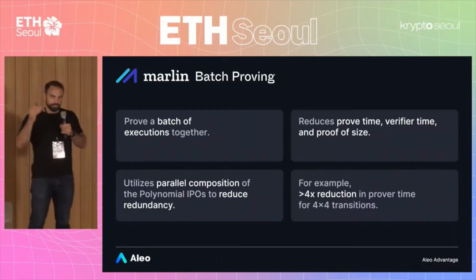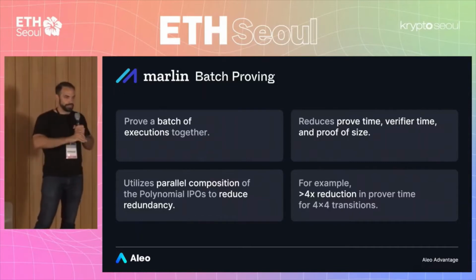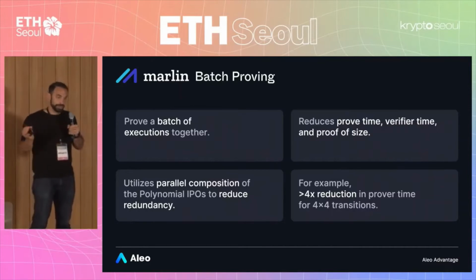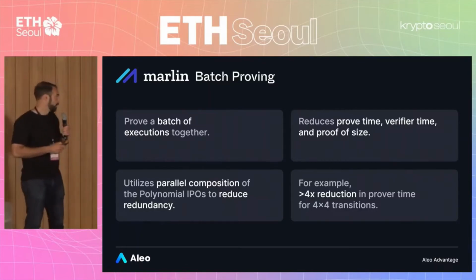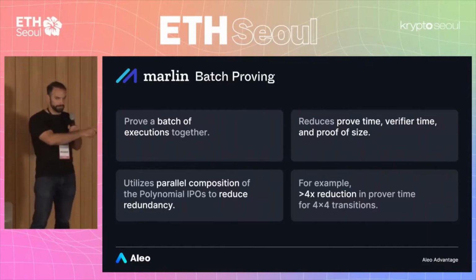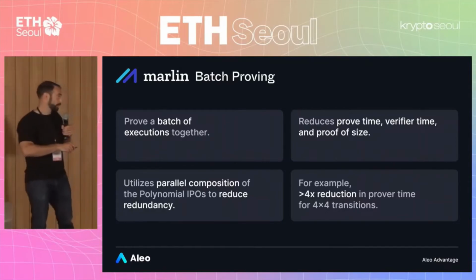So you have a single transition that costs X amount, and then as you go higher, closer and closer to 64, it increases sublinearly. So it really encourages batching things together and makes it even cheaper for the prover to ultimately compute. And I think the crossover point is basically a 4x reduction in prover time once you reach 4 transitions.